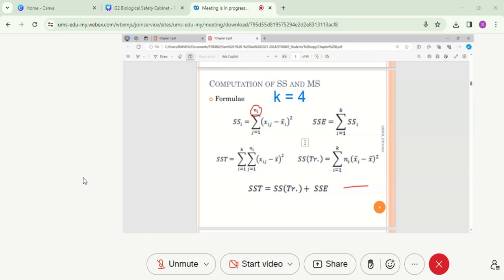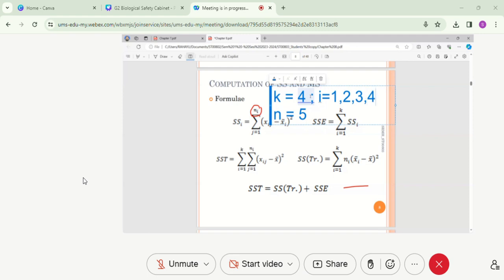Okay. Now, let's say I assume that the number of muscle pain patients for each of the groups, the subgroups, is 5. So n is equal to 5. Say K equal to 4. So i refers to the group: i equal to 1, 2, 3, 4.